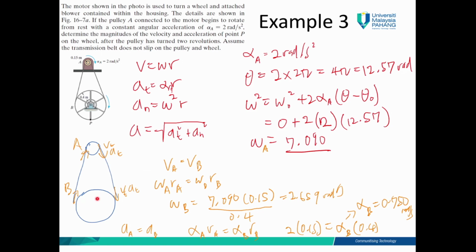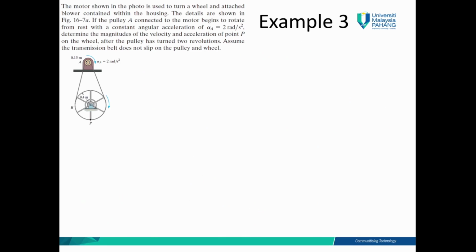Okay, so now you need to find what is the value of the acceleration. Okay, so summarizing what we have calculated, we know that the angular velocity for pulley B is 2.659 radian per second, and the angular acceleration for pulley B is 0.750 radian per second square.